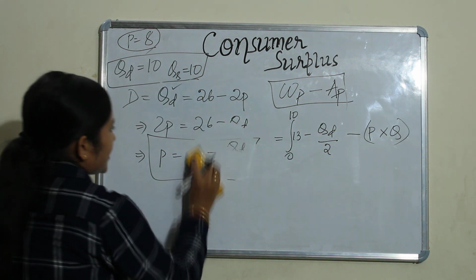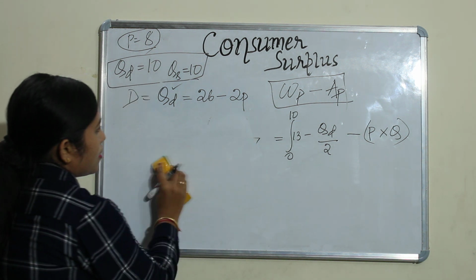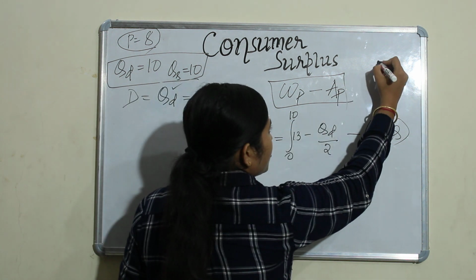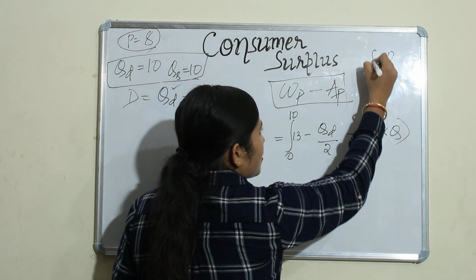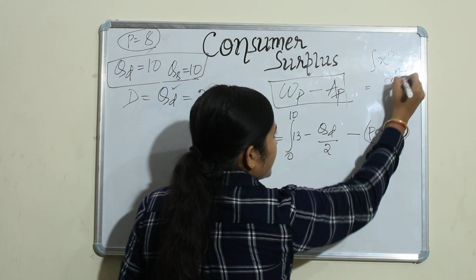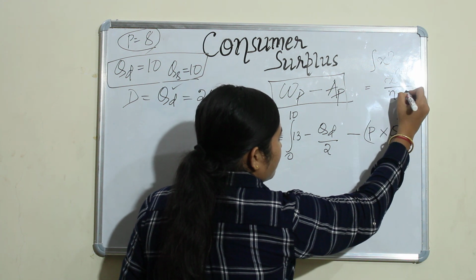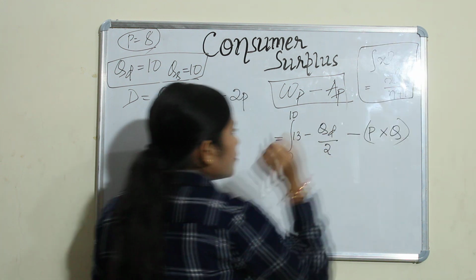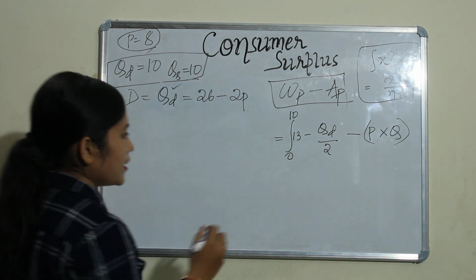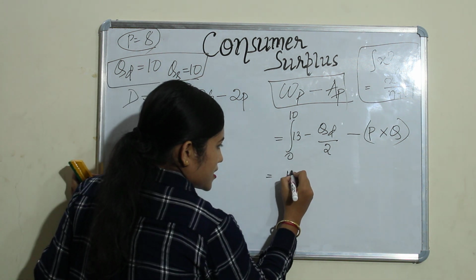Next, what is the integration formula? If you have to find the integration of x to the power n, then it will be x to the power n plus 1 divided by n plus 1. See, this is the formula. So here you have to find the integration value. 13 is a constant.